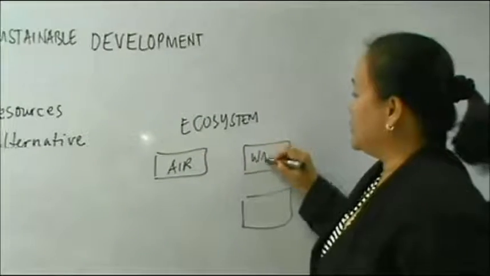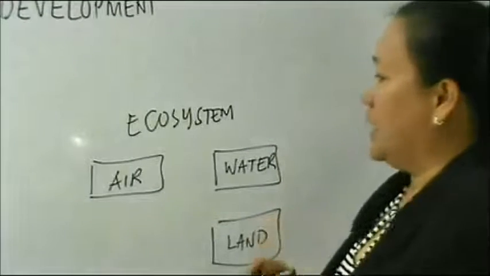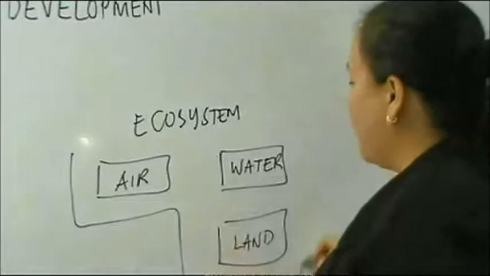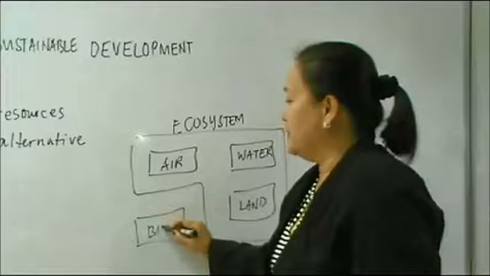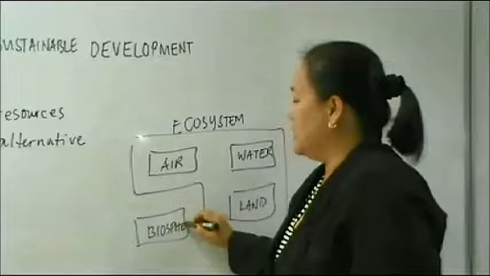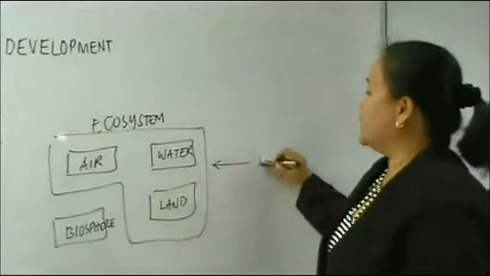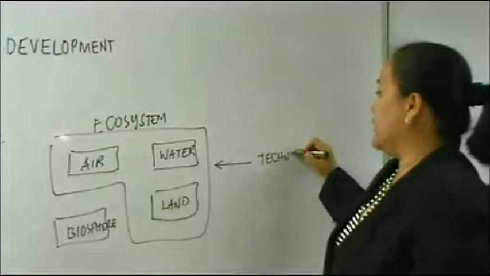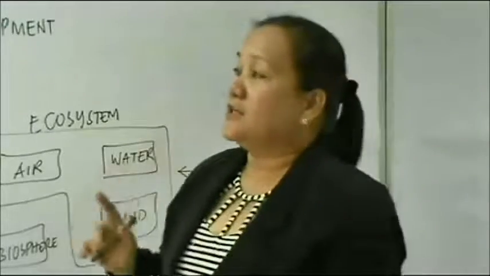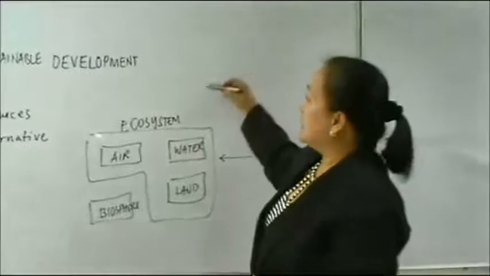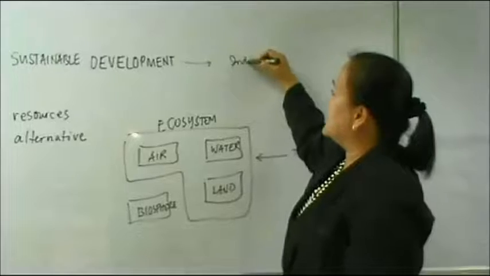You have your water, the hydrosphere, and then you have the land, the lithosphere. All of this are actually interacting with the biosphere. So when all this interact with another sphere that we introduce, which we call technosphere, this is what we call actually as industrial system. This brings to the science of sustainable development, which is industrial ecology.